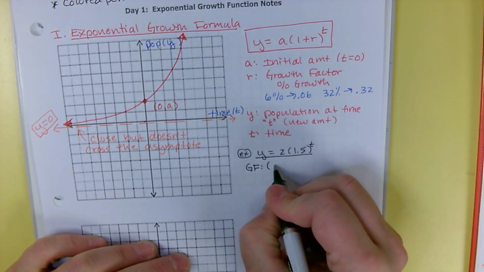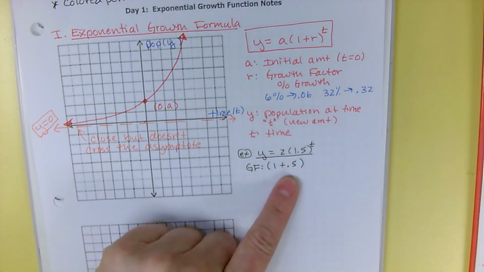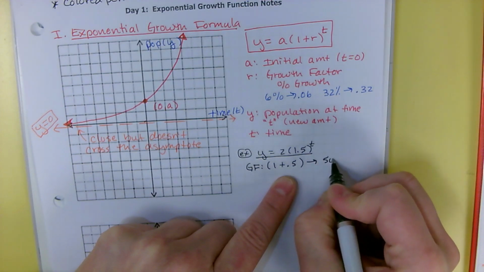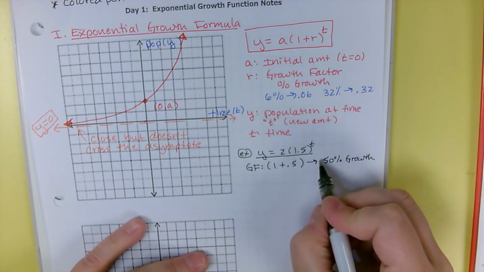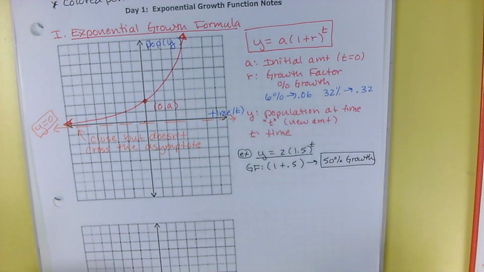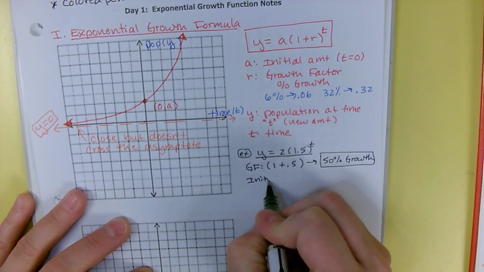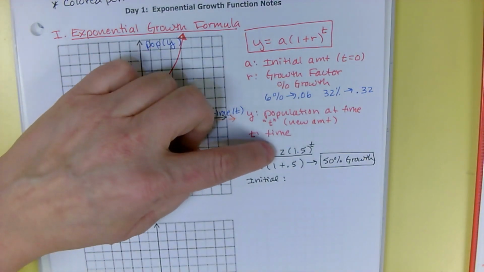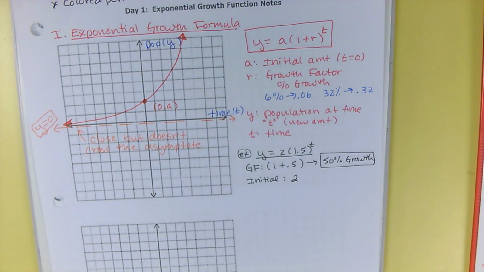So it's really 1 plus 0.5. The actual growth factor is the 0.5, which is 50% growth. So you do have to separate the 1 from the decimal. If you're looking for the initial amount, it's the A value at the front of the parentheses, which in this case is a 2.